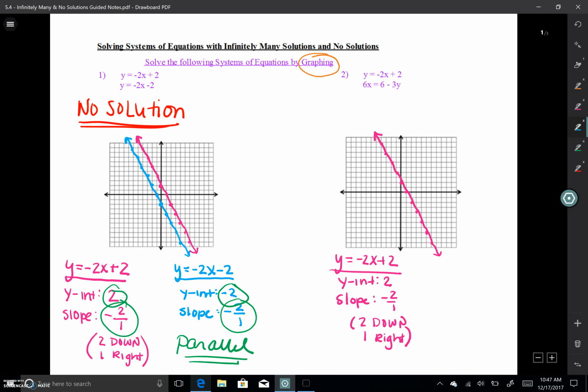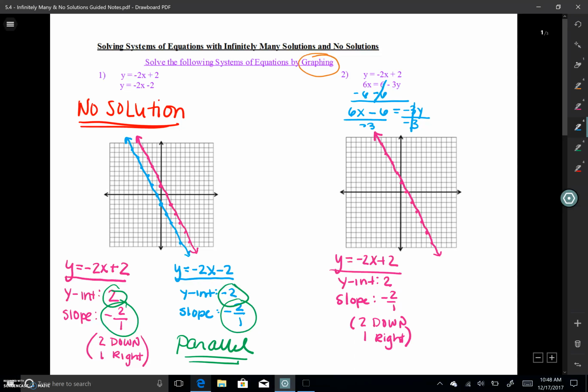When I move on to my second equation, the problem here is that I don't have an equation that's written in slope-intercept form. So before I can start identifying y-intercept and slope, I have to get this to look like slope-intercept form. So I subtract 6 from both sides, so these cancel. On the left-hand side of the equal sign, I get 6x minus 6, and that's equal to negative 3y. I'm then going to divide both sides by negative 3.